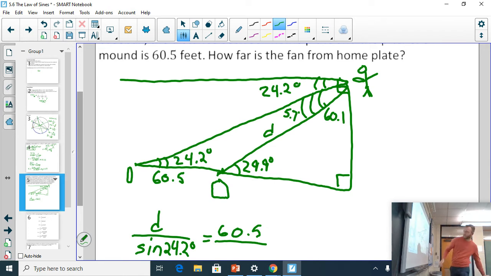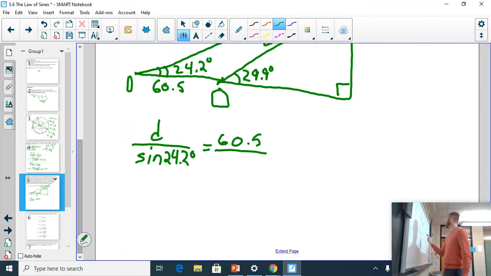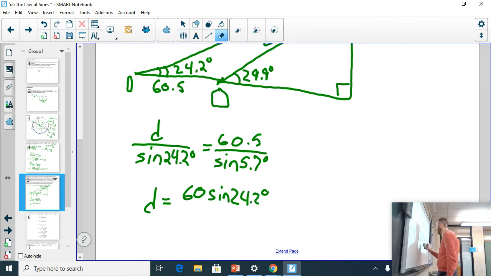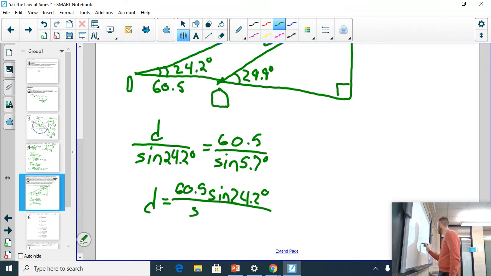And so now we can finish our law of sines to sine of 5.7 degrees. And now we just solve, D equals, multiply that sine of 24.2 degrees over. And I forgot my 60.5 right here. 60.5 divided by sine of 5.7 degrees.